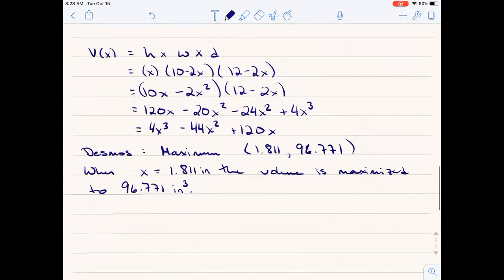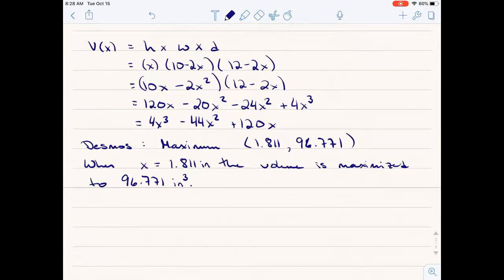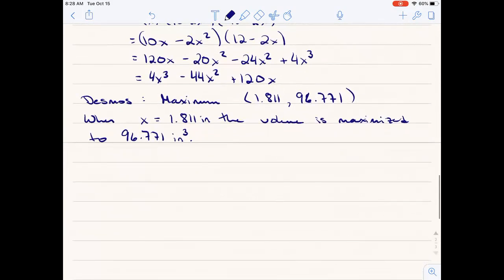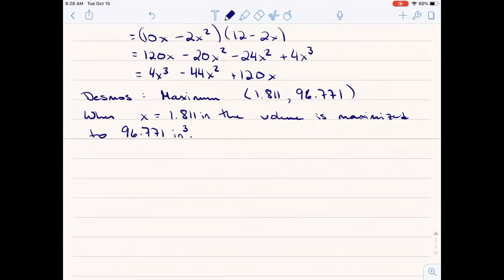So there you have it, a polynomial in action. You're able to graph it, maximize it. If you had to, you could manipulate the graph or even draw it, but nah. Is there a way that we're ever supposed to get that 1.811 without decimals? No. Unless I show you how to do it mathematically.